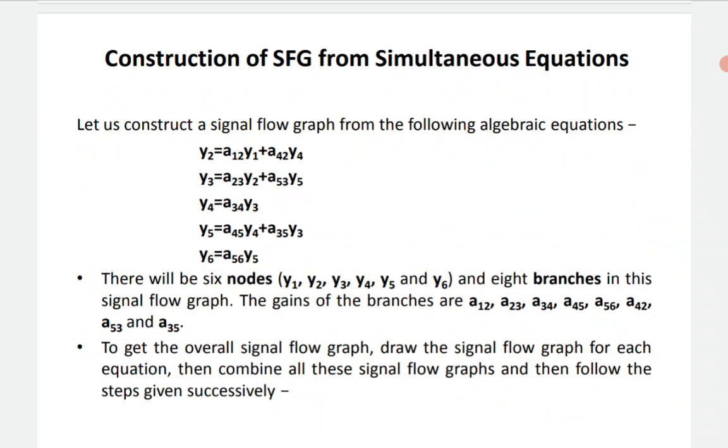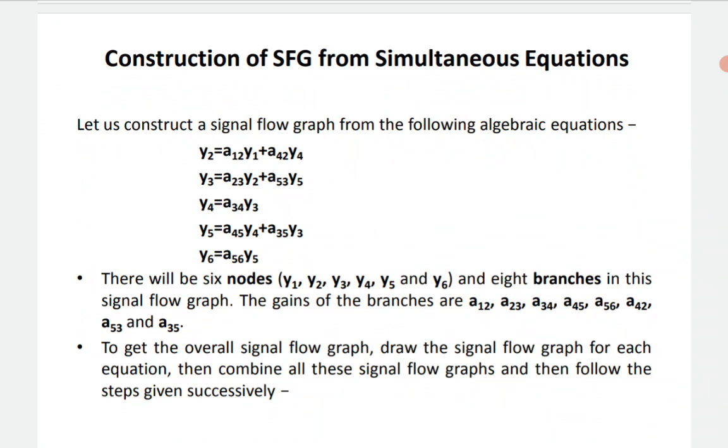Here, the system of algebraic equations is provided: y2 is equal to a12 y1 plus a42 y4. y3 is equal to a23 y2 plus a53 y5. y4 is equal to a34 y3, and y5 is equal to a45 y4 plus a35 y3. y6 is equal to a56 y5.